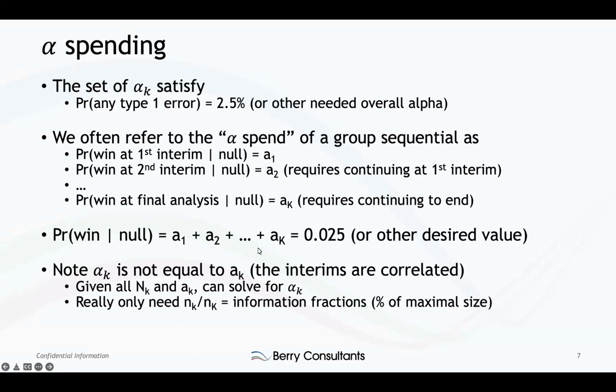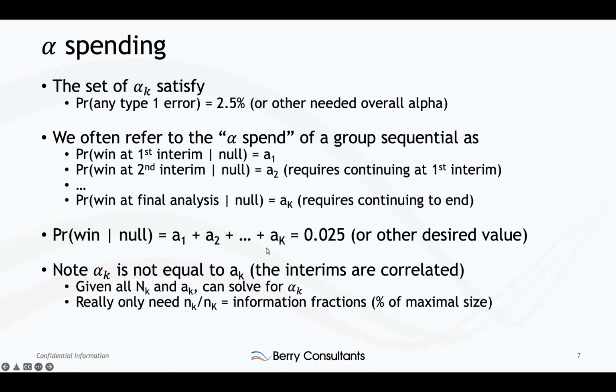Whereas if I save it so that a lot of my type 1 error is at the end, then that's considered more conservative. And so when you add these up, what do I pick? What are the possibilities?